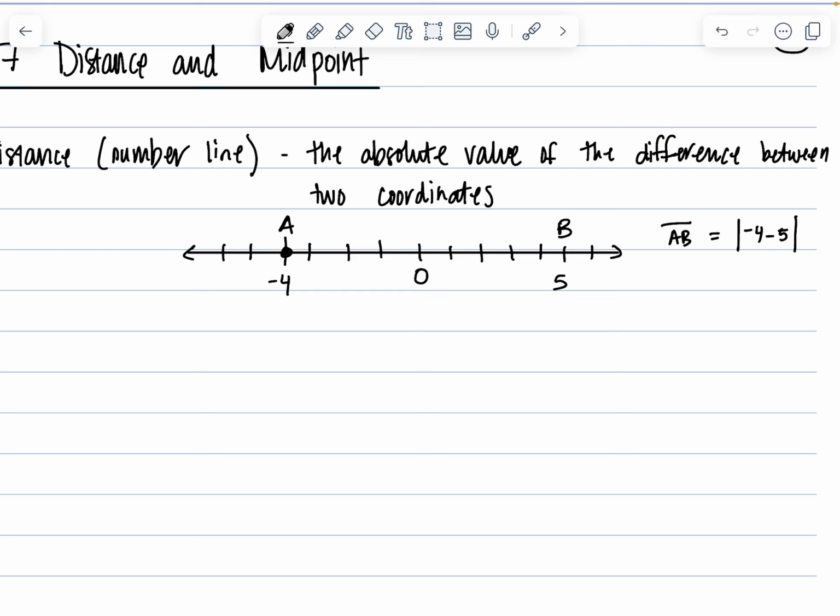Or we could even do the opposite, but let's do this one first. -4 minus 5 turns into a -9. Absolute value of a -9 is a +9. So that distance is, for instance, 4 blocks to the center, 5 blocks to the right, 9 total blocks. That's the idea.